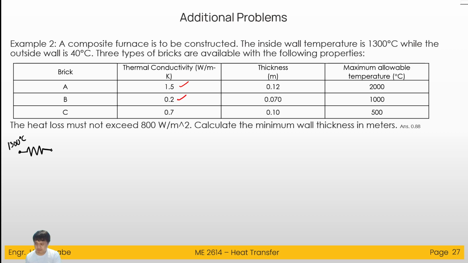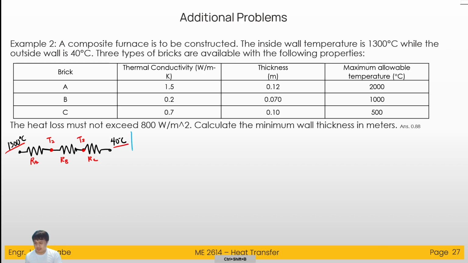So you have the first resistance, the second resistance, and the third resistance, no? So you have 1300 here and then 40 degrees Celsius on the outside. So these are the surface temperatures, no? So you have the resistance A, resistance B, and resistance C. Okay? So you have temperatures in between, no? Let's say this is T1, this is T2, this is T3, this is T4.